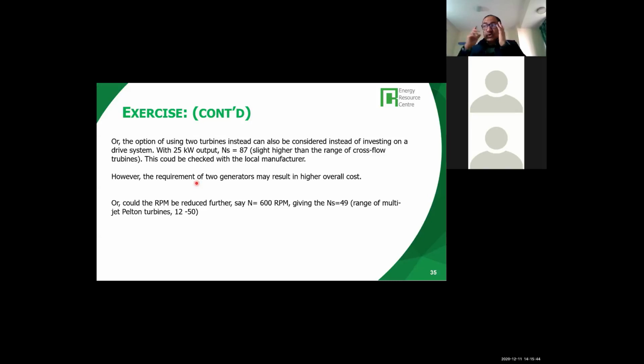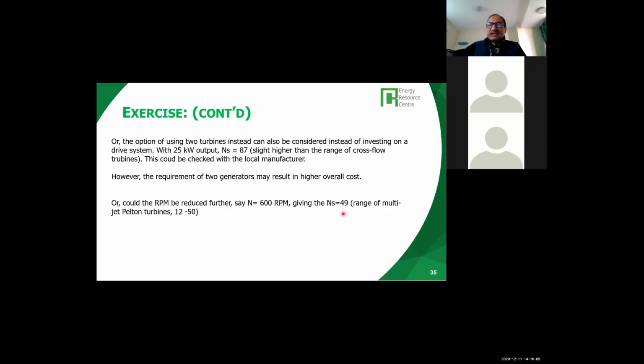In this case, we will need 2 generators, so we have to look at the overall cost also. So again, we could also change the RPM to 600 RPM, giving the NS value of 49, which is in the range of multi-jet Pelton turbines of 12 to 15.